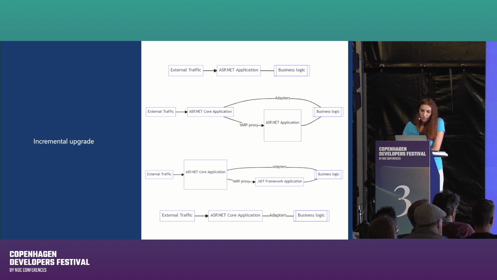So external traffic goes to my Core app. Then everything that is not implemented goes to my old app, and everything that is already implemented in Core executes new Core code. Eventually, I move my views, classes, everything to new code, and only new code is getting executed. There is nothing left to be done for the .NET Framework application, and then we can get rid of it.